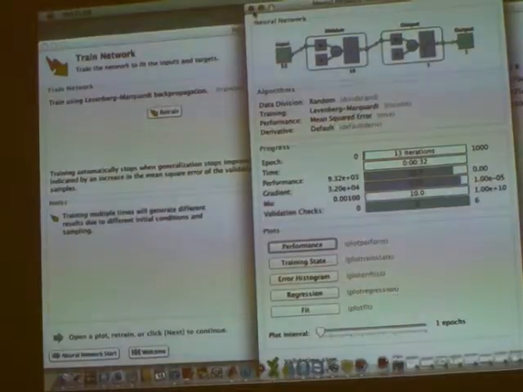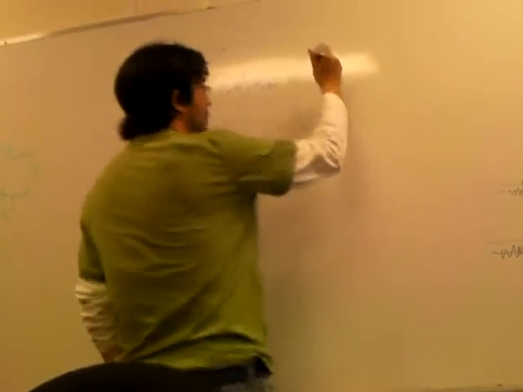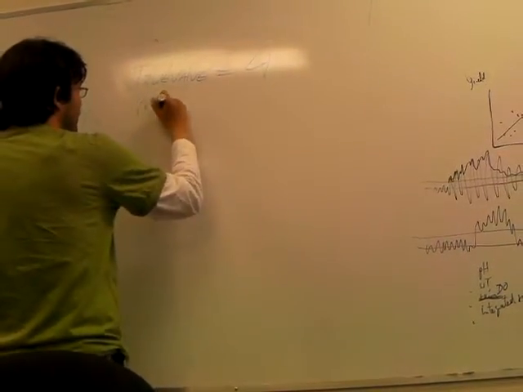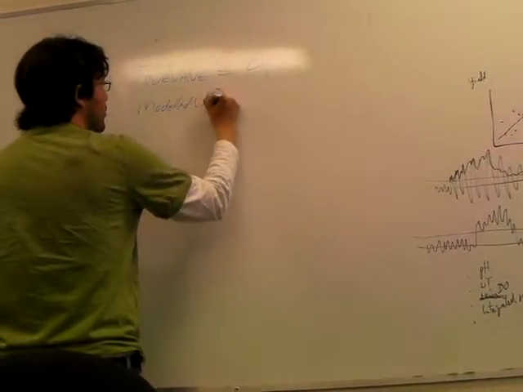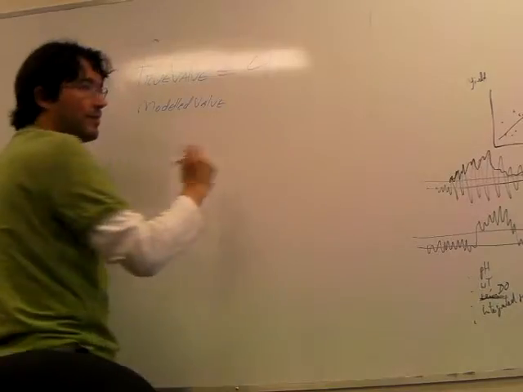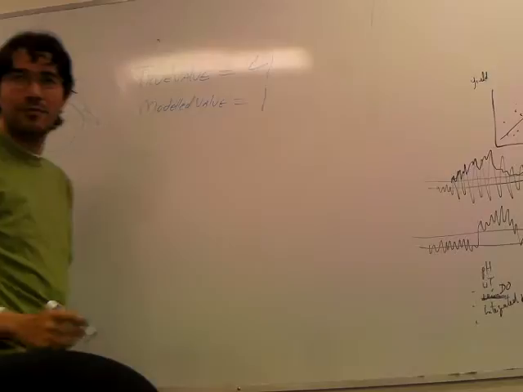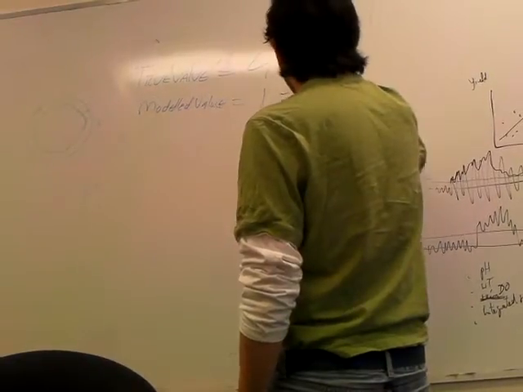Imagine that the true value equals 4. Model value: you start with a guess. Let's say it could be 1. But you see the difference between, let's call this t and this m.